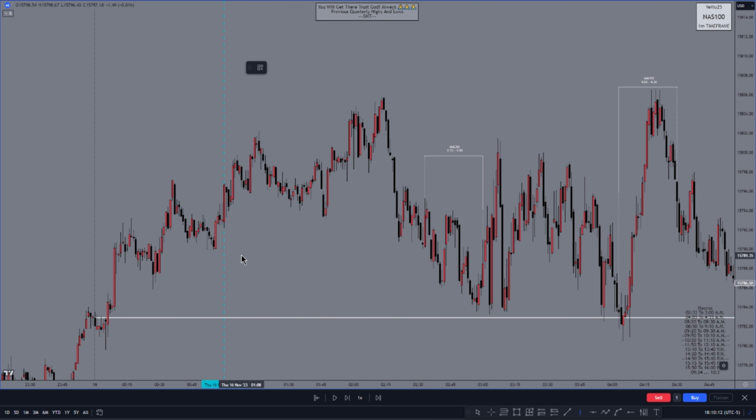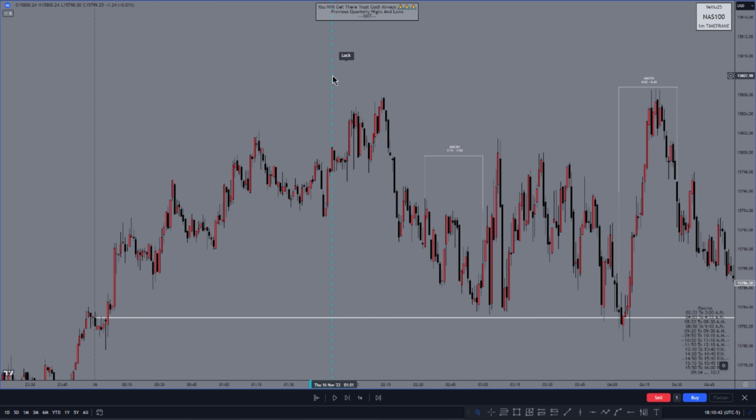So 1:20 to 1:40. This is a macro, and we have 1:50 to 2:10. As you can see here, 1:50 to 2:10. So 20, 40, 50, 10, right?